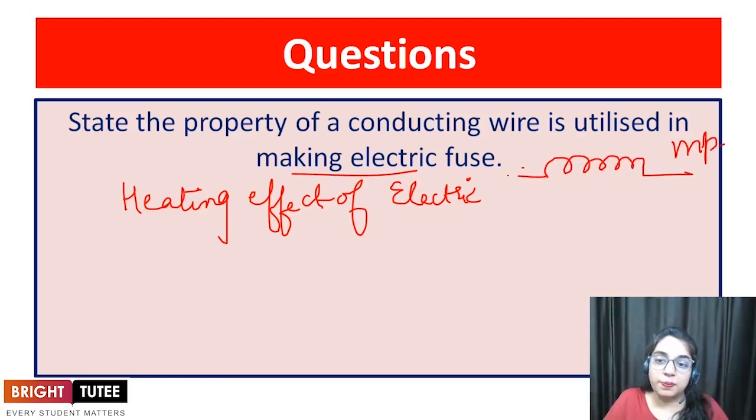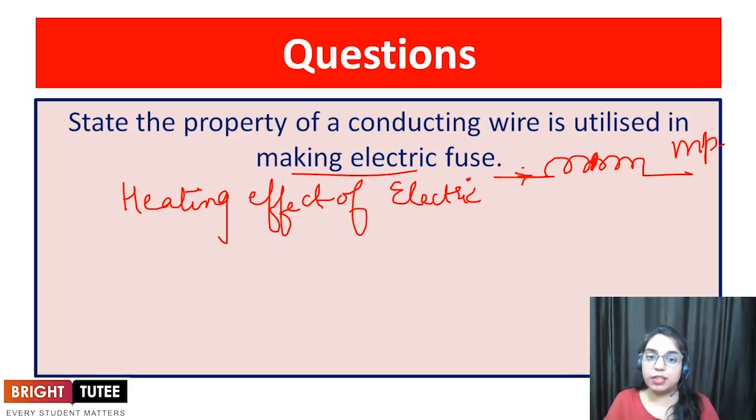So whenever excess current flows through it, it will become so hot, and it will reach its melting point, which is quite low, and it will quickly burn and break the circuit. As a result, it will protect our appliances from getting damaged. Okay, so this was the principle of an electric fuse.